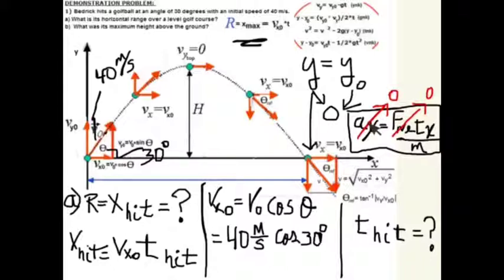Acceleration 0 means that the change in velocity along the x-axis is also 0, which means that the velocity along the x-axis is constant. That is Vx naught. This comes from the polar to component conversion. The initial velocity vector has a magnitude, or a speed, of 40 meters per second.